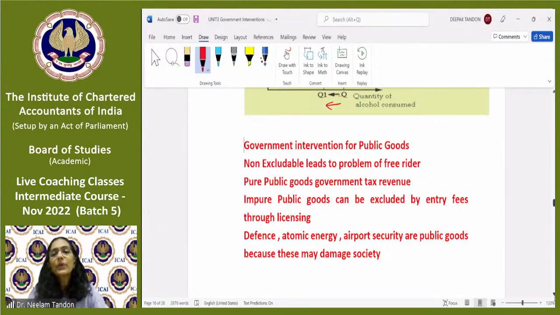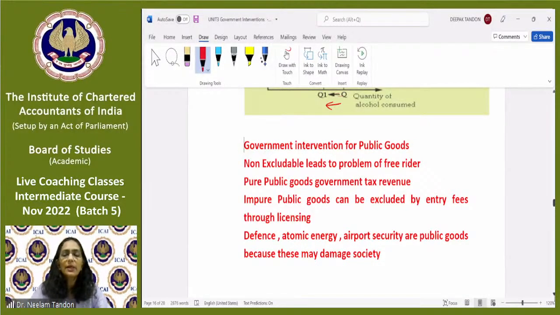But then government has to take measures. If you do not take care of your vehicle, or you play music at a louder pitch, then you will be penalized. So this is how they go for imposing taxes and restricting such activities and overcome the problem of free rider.